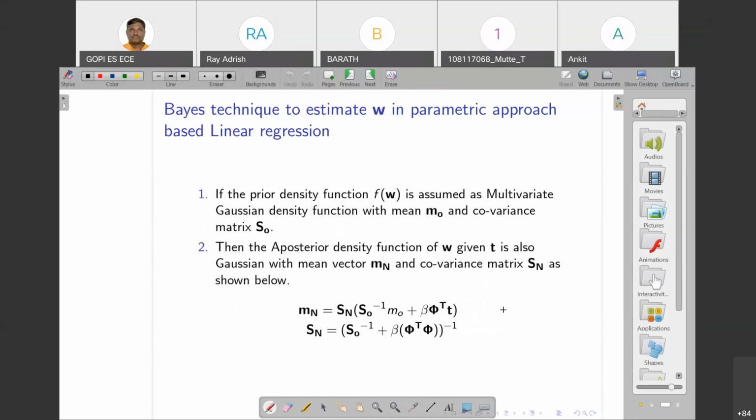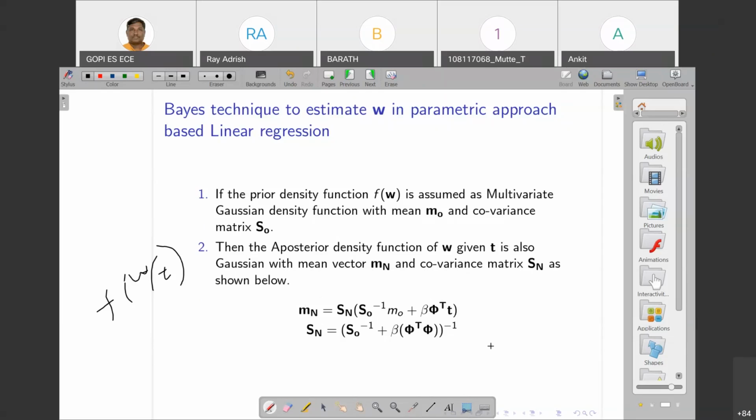And the posterior density function f of W given T also follows Gaussian. If f of W is Gaussian, f of W given T is also a multivariate Gaussian density function, which is going to have the mean vector Mn and the covariance matrix Sn, as you see here.